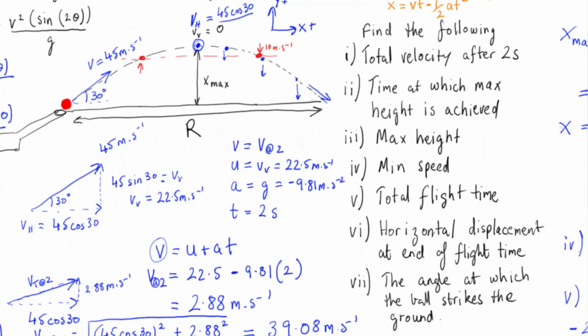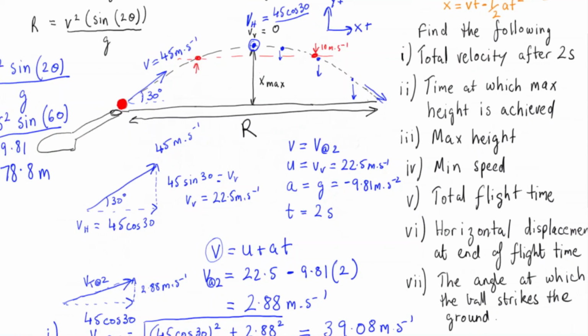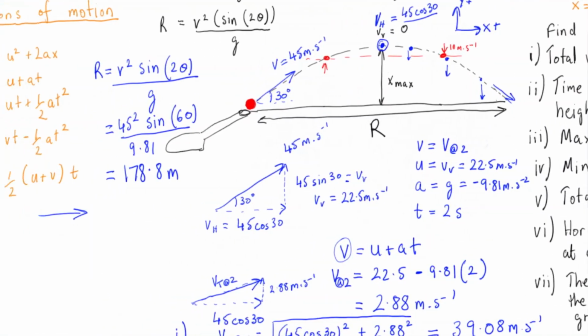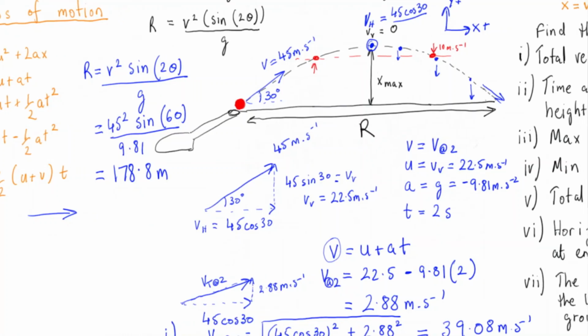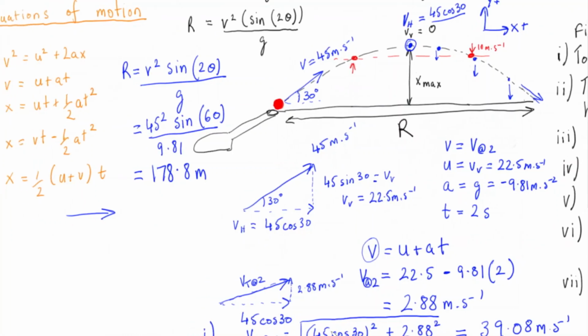So let's move on to the final part in this question, where we're asked for the angle at which the ball strikes the ground. Now the angle at which the ball will strike the ground is just the angle between the two velocity vectors, just as it was for the angle at which it was launched. So let's look at the velocity vectors. We know our horizontal velocity vector is going to be the same, VH. And we know our final vertical velocity is going to be the same as the initial vertical velocity, but in the opposite direction.